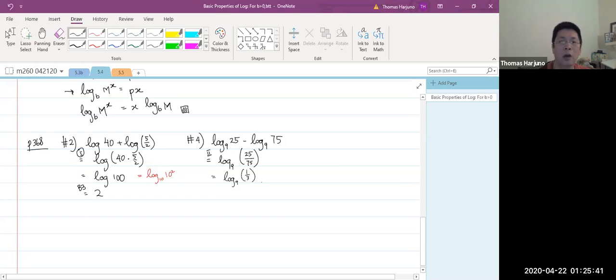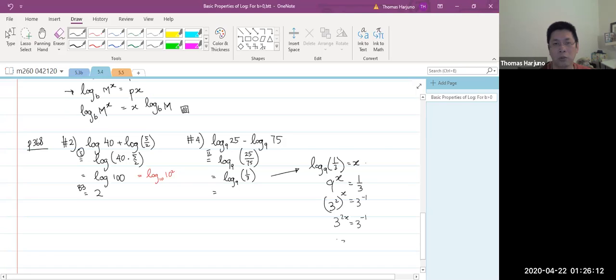How do we solve this? There are a couple of ways. You can answer this directly. If I call that x, log base 9 of 1/3 equals x, then 9 to the x equals 1/3. That's 3 squared to the x equals 3 to the negative 1. 3 to the 2x is 3 to the negative 1, so 2x equals negative 1, and x equals negative 1/2. So the answer here is negative 1/2.